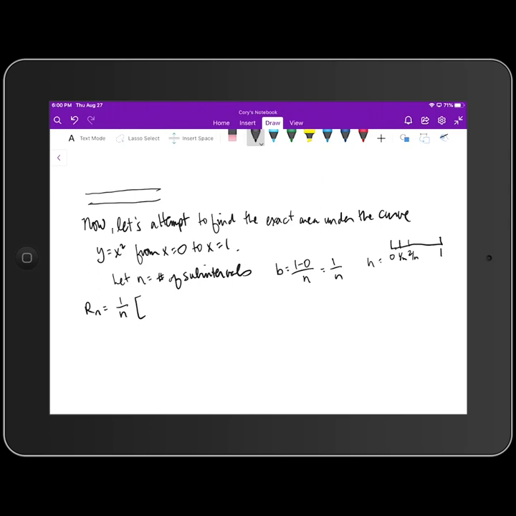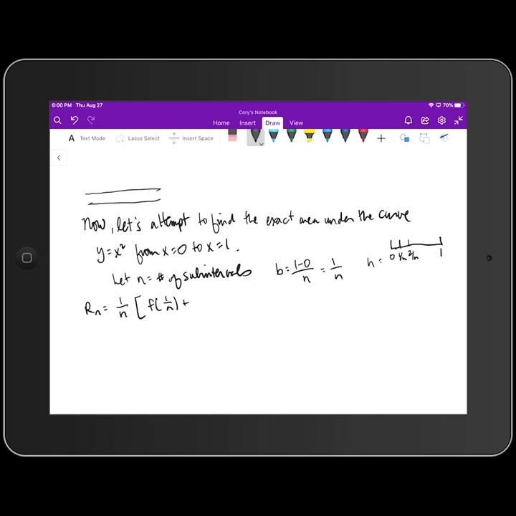So with our right Riemann sum, we're going to be taking our heights from the rightmost endpoint of each subinterval. So it's going to be the function value at that rightmost endpoint. On the first interval from 0 to 1 over n, we're going to be taking our height from the function value at 1 over n.